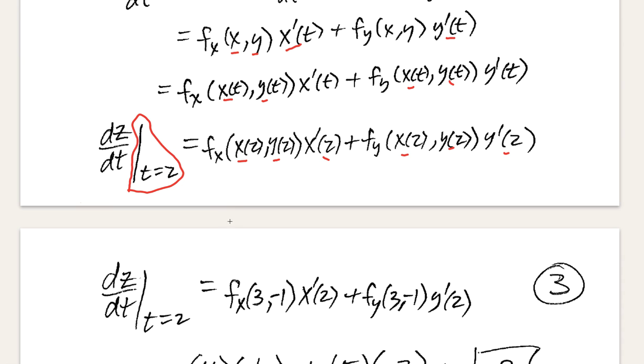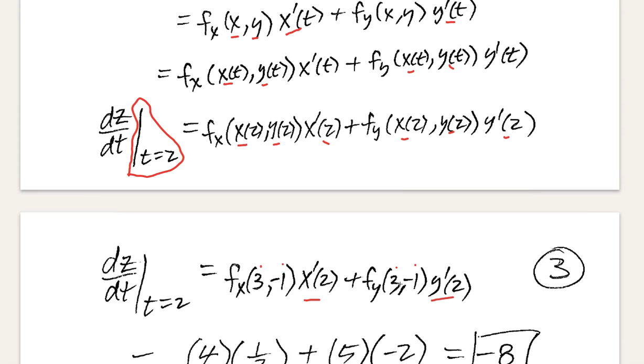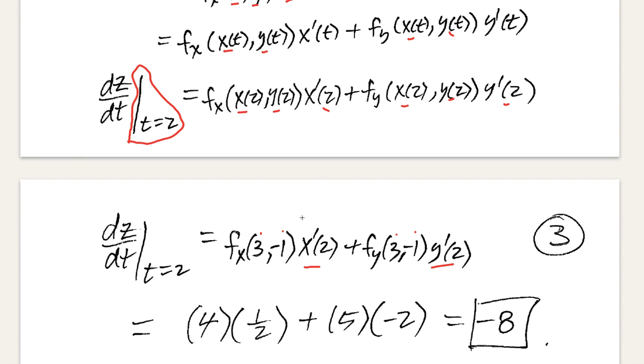Now, what is x of 2? What is y of 2? If you look above, they were 3 and negative 1, respectively. So I can fill in those values, and the rest get carried through, x prime of 2, y prime of 2.